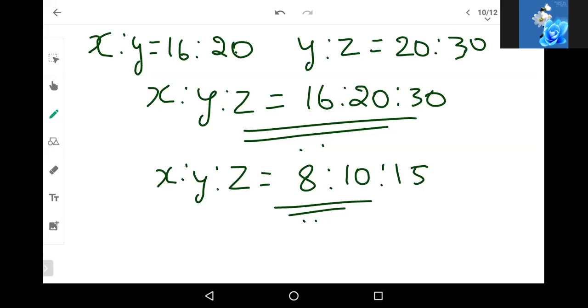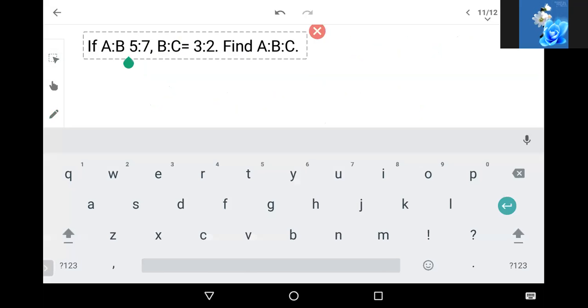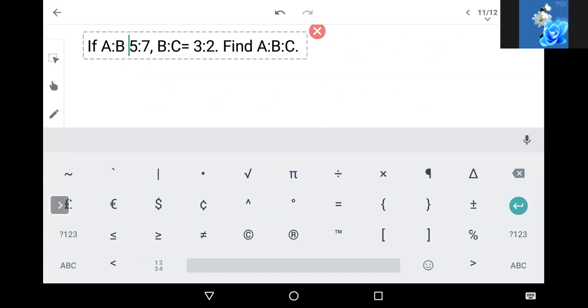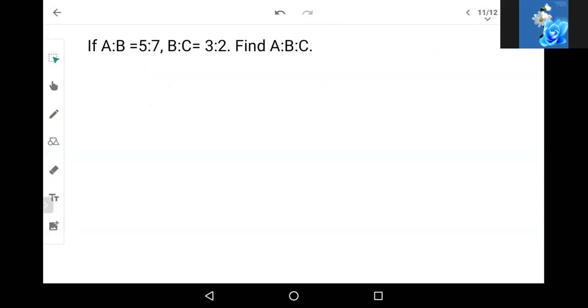Okay. Now try solving this. It's very similar to the previous problem. Try solving this. So A is to B is equal to 5 is to 7.